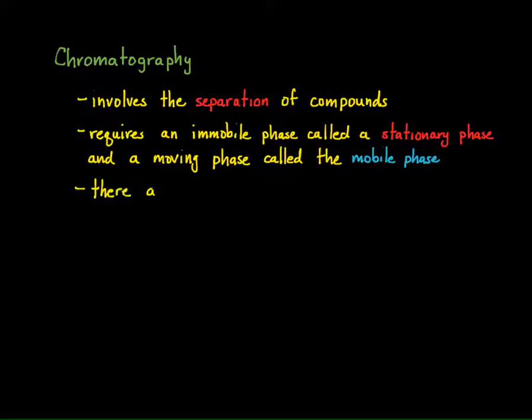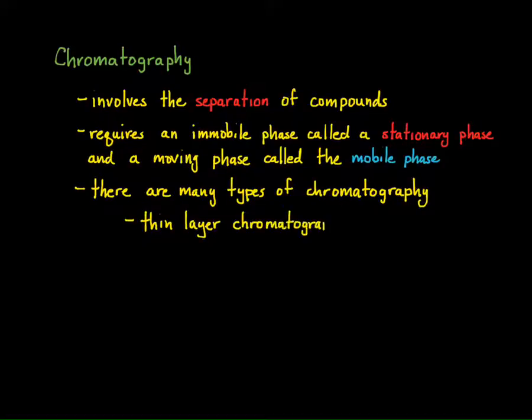And you're going to see that there are many types of chromatography that we as organic chemists use. There is thin layer chromatography, which we affectionately call TLC. And in thin layer chromatography, this is a technique that's often used to analyze the progression of a reaction.